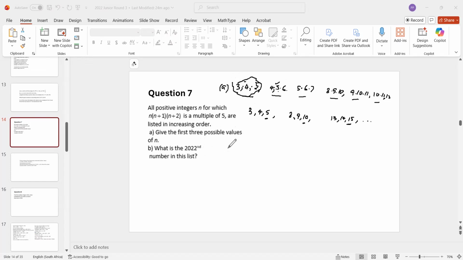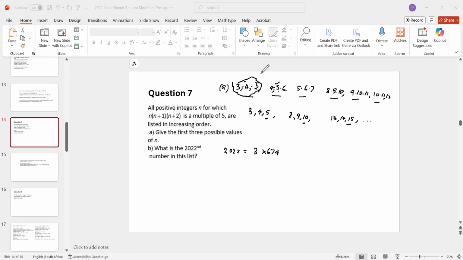Well, I've separated them in blocks of 3, like this. Because 2022 is actually 3 times 674. So the 674th group will contain this number. Not this number, this position.